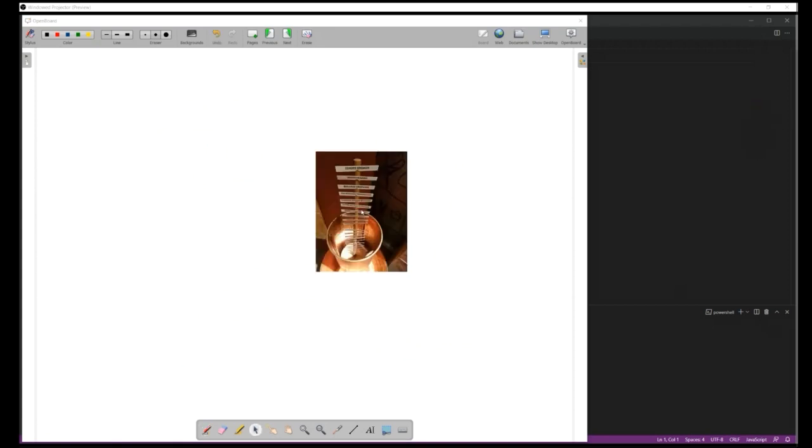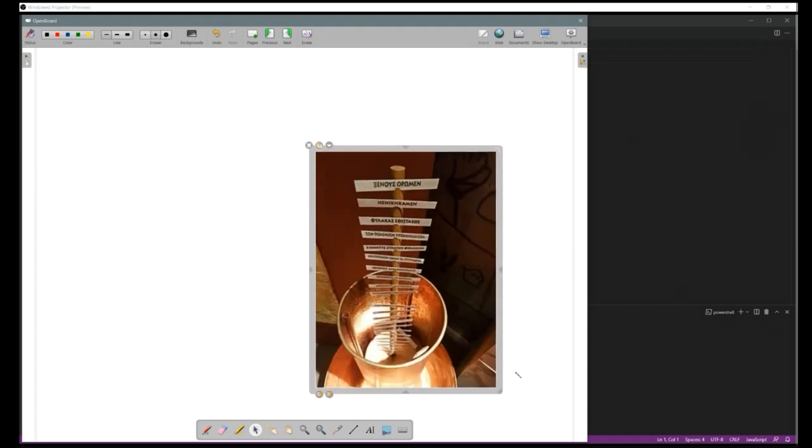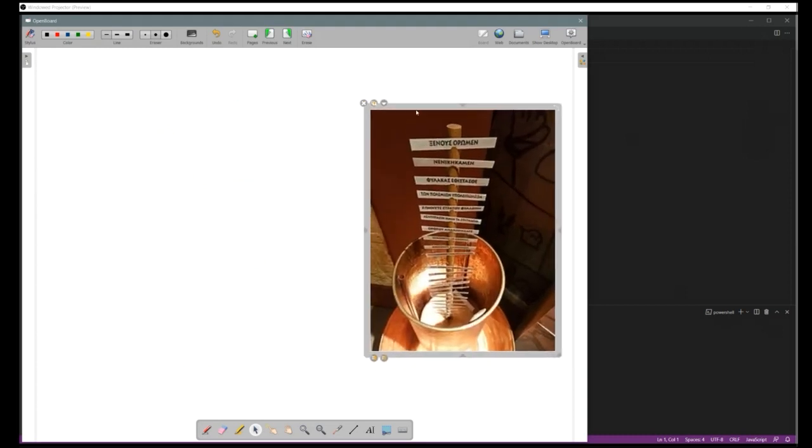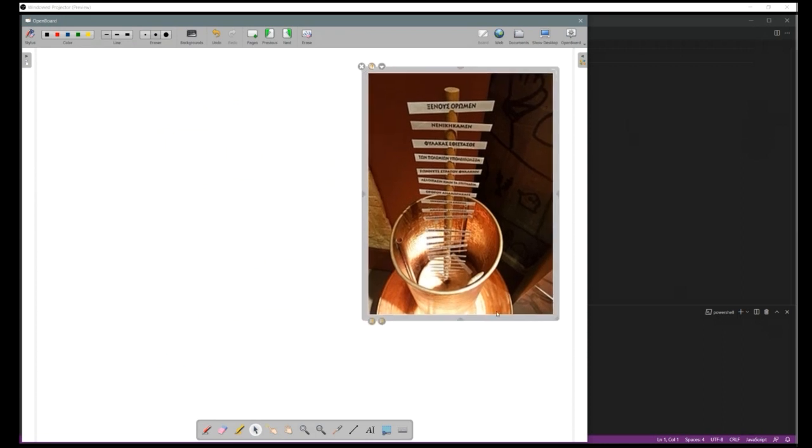The next one that we'll look at is the hydraulic semaphore. The Greek hydraulic semaphore was used in 400 BC.